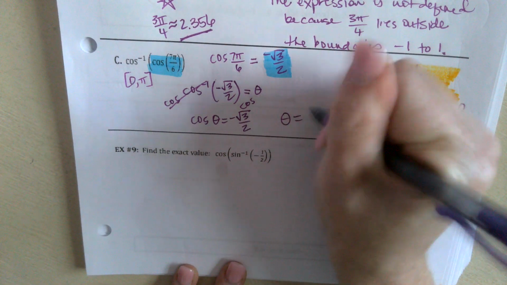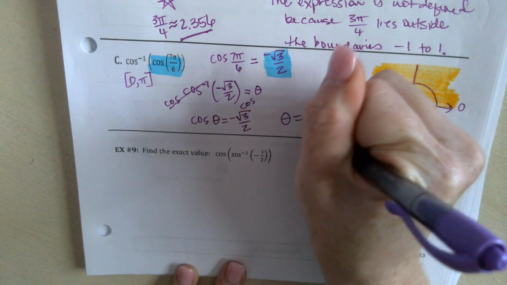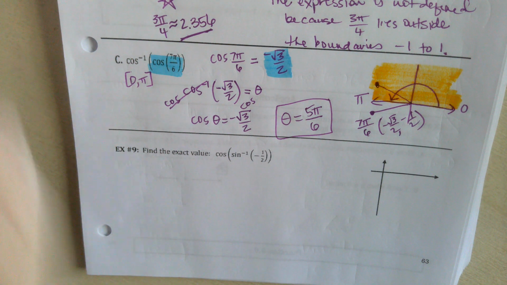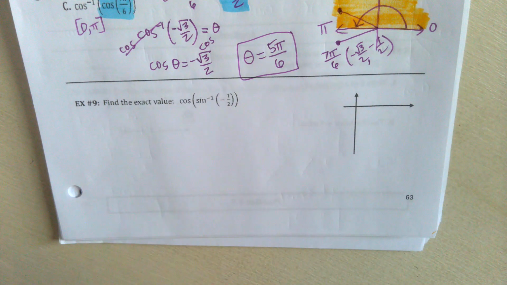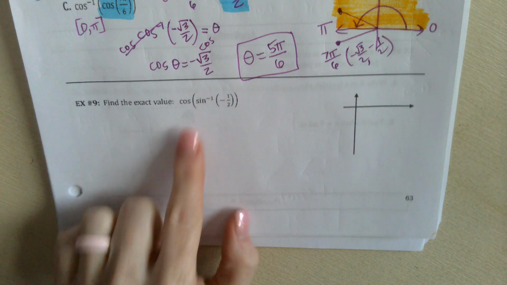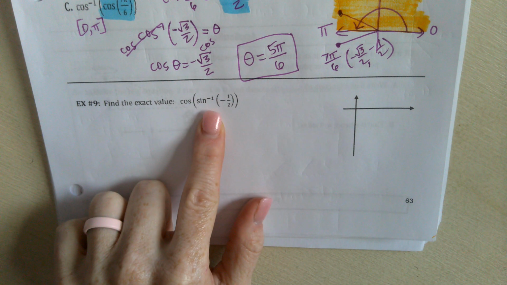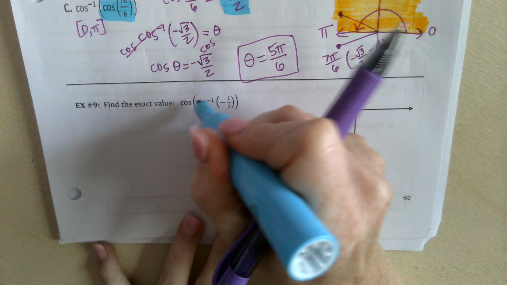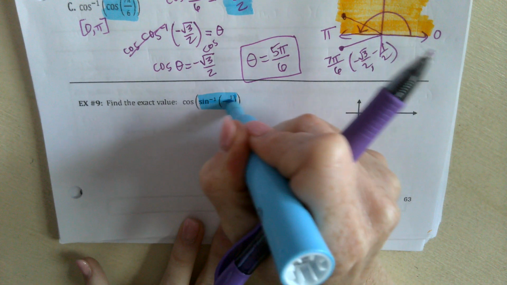So theta equals 5 pi over 6. Okay? All right. Do you see how I'm taking the cosine of a sine inverse? Yes? Okay? There's no domain restrictions here.